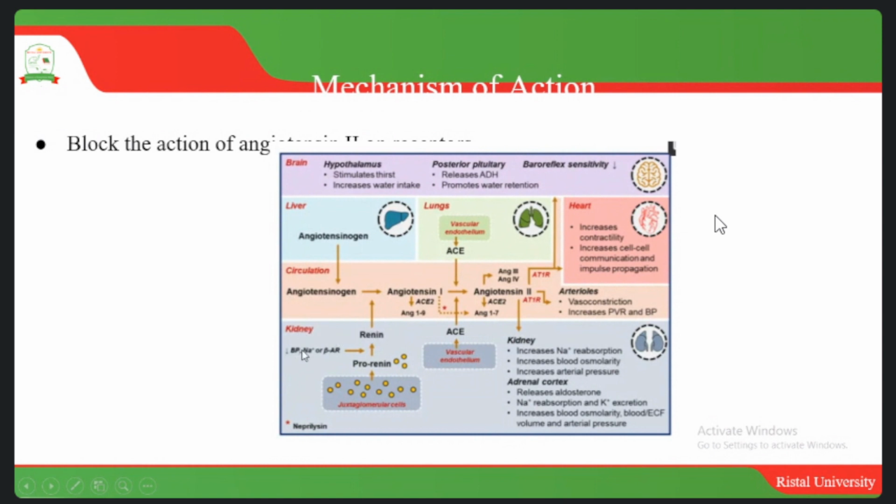Then still in the kidneys, due to decreased pressure and then also the sodium, it will cause production of renin still. First of all, in the juxtaglomerular cells. The juxtaglomerular cells are found in the kidneys, and this is in the glomerulus, where there is synthesis of urine.